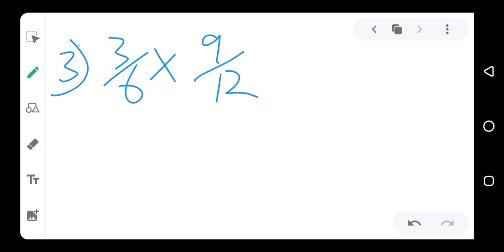Here we come to 6. We say, is there anything that can divide 6 and divide 3? Yes, the answer is 3. 3 divides 6, we will get 2. And 3 divides 3, we get 1.